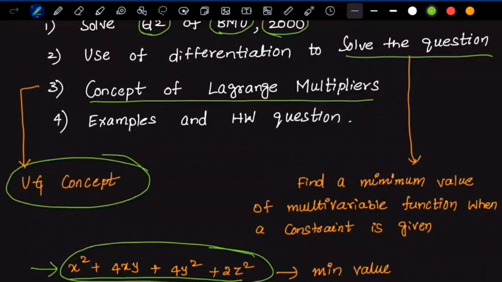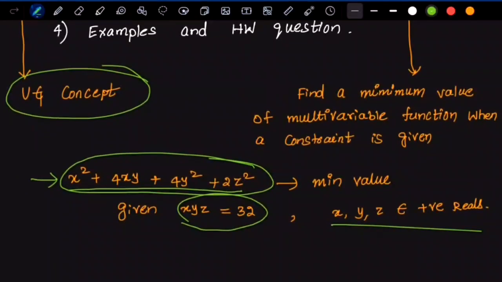Why am I introducing this concept to you is a question that you might be wondering about. This is because this method gives you an easy way to solve these kind of questions. The kind of questions where you have to find the minimum and maximum values of multivariable functions when a constraint is given to you.